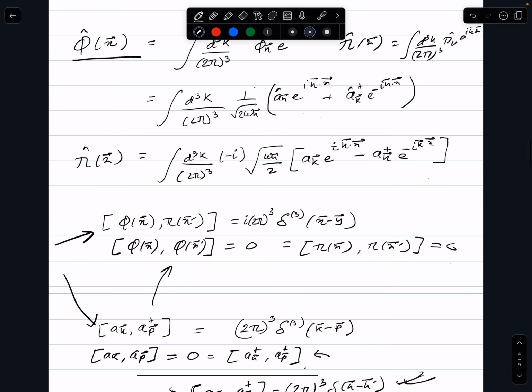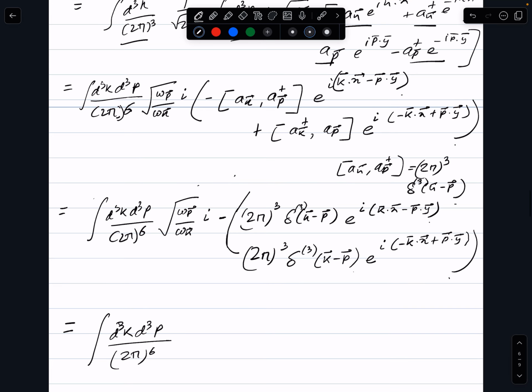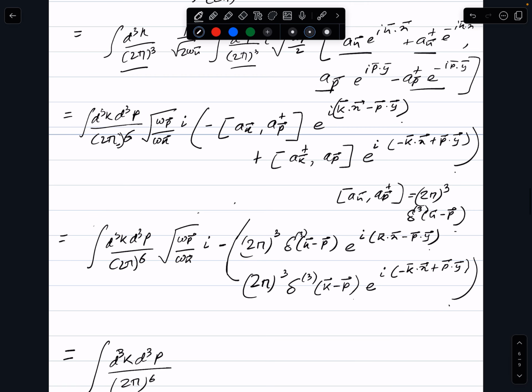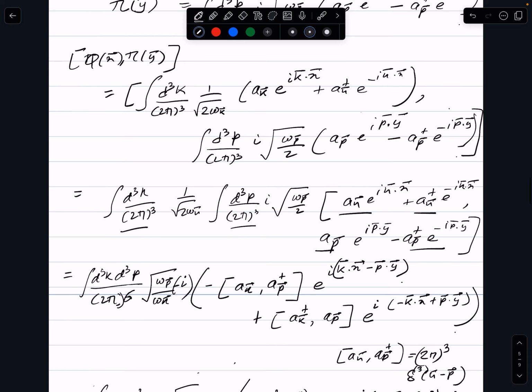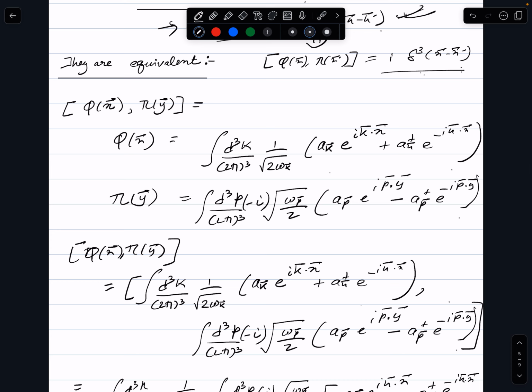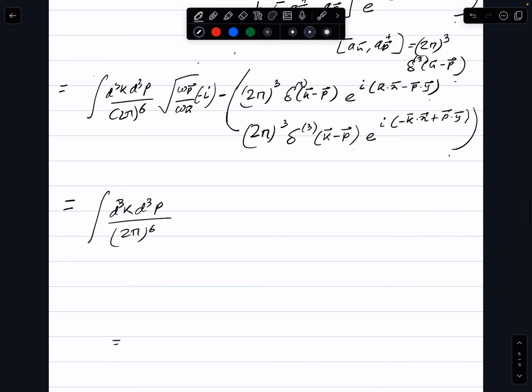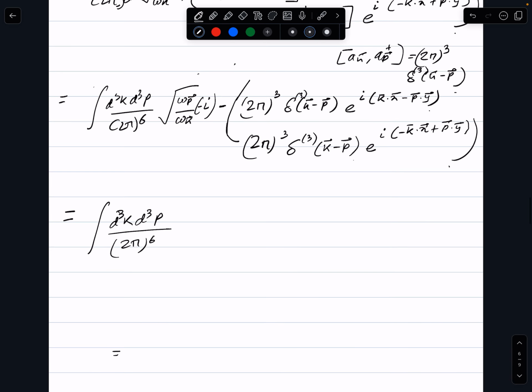Oh, see, this was a minus I here, which I missed. So let me put, there was a minus I. So this is minus I. This is minus I. This is minus I. This is minus I. Yeah. Okay. Sorry.